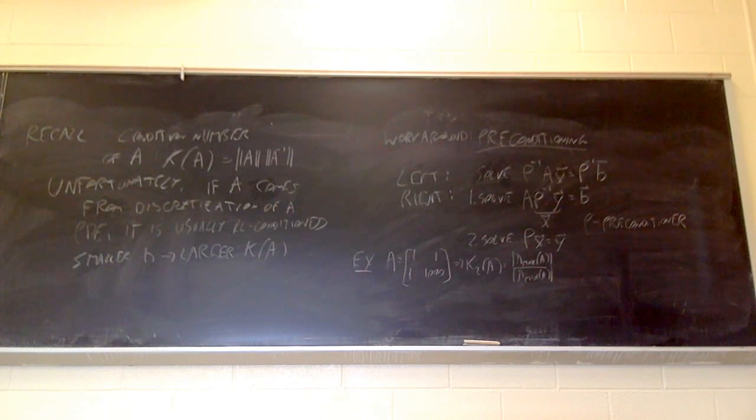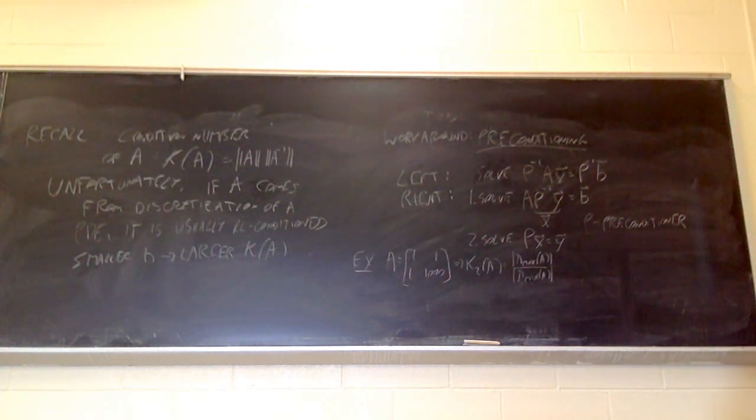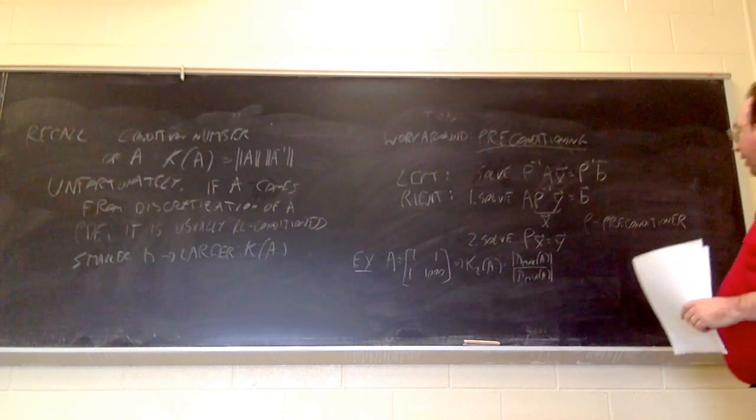If a matrix is symmetric and positive definite, which actually this matrix is, okay, if a matrix is symmetric positive definite, the eigenvalues are the singular values. If a matrix is symmetric but not positive definite, then the absolute values of the eigenvalues are the singular values.